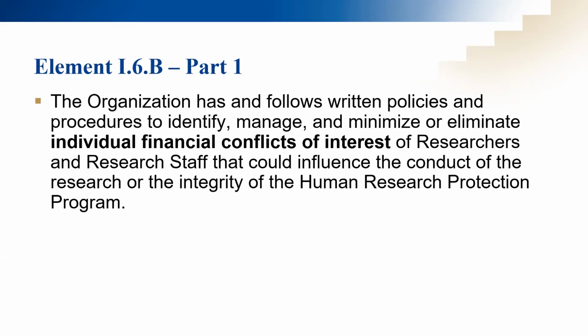The first part of this element is similar to part A, except instead of dealing with organizational conflicts of interest, this talks about individual conflicts of interest of researchers and research staff, and requires that the organization has and follows written policies and procedures to identify, manage, and minimize or eliminate those conflicts of interest that could influence the conduct of the research or the integrity of the human research protection program as a whole.